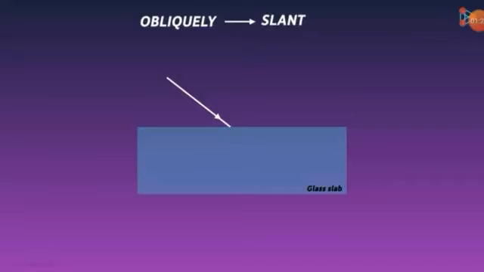Now, take one example, a glass slab. An incident ray will pass through the glass slab obliquely. Obliquely means slantingly, so when it is incident, it is neither parallel nor perpendicular. It gets refracted into another medium.